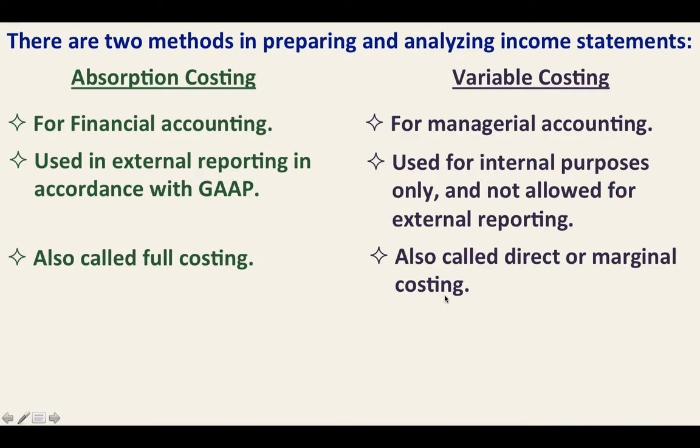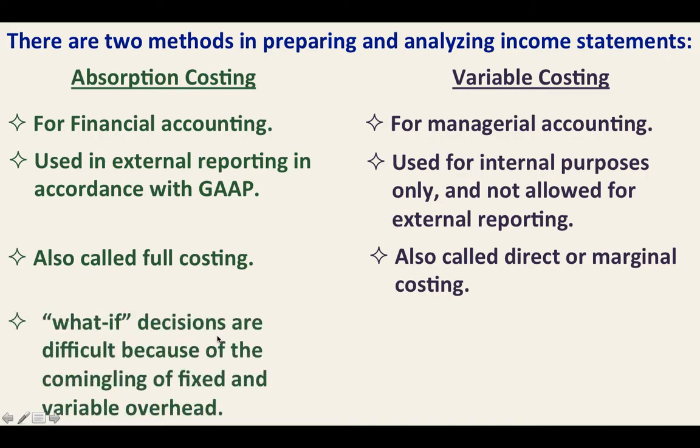Okay. Class, please take note that this is variable, okay? And this is full costing. Absorption costing, what-if decisions are difficult because of the commingling of fixed and variable overhead. We will learn that. Ang ibig sabihin dito, basta nag-analyze tayo ng what if, kung ganito ang nangyari, ano ang magiging effect nito sa income, or something like that.